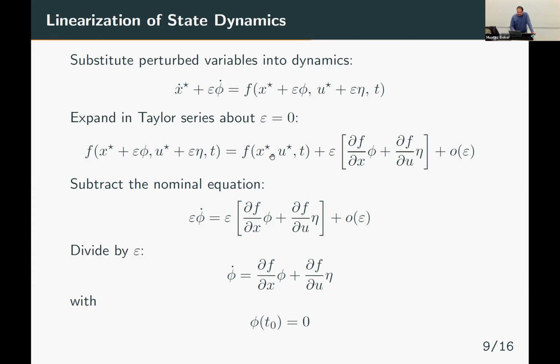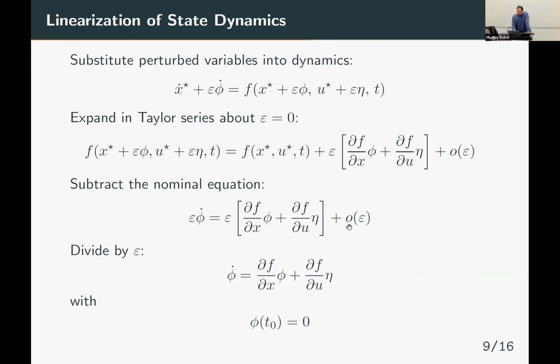Why? Because this function is x dot star, by definition. So if you take it to the other side and you substitute this here, this will go with that, and you will end up with epsilon phi dot equal to that plus order of epsilon.